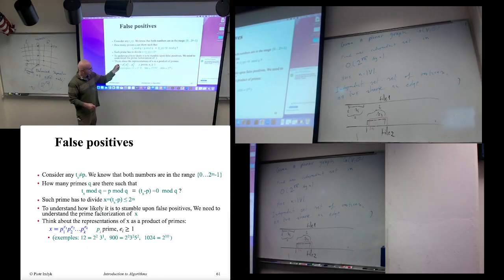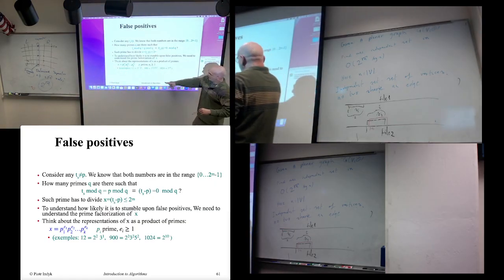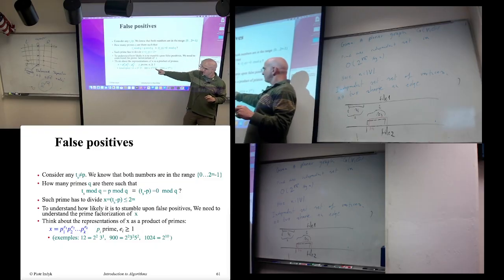So the big deal was that I look at any of these numbers and ask how many different primes can divide it. And here I will use that the number is represented as a binary number, x. On the other hand, I'll do the prime representation of each one of these numbers.